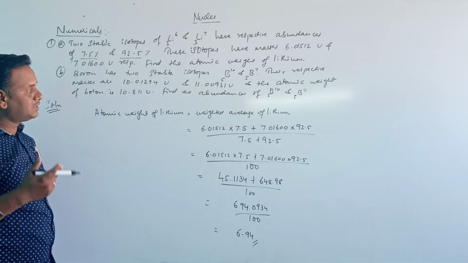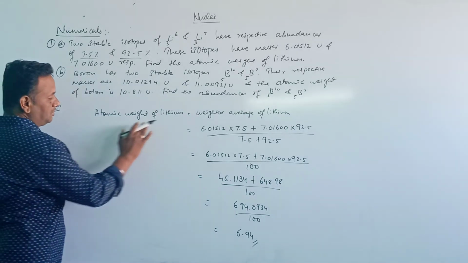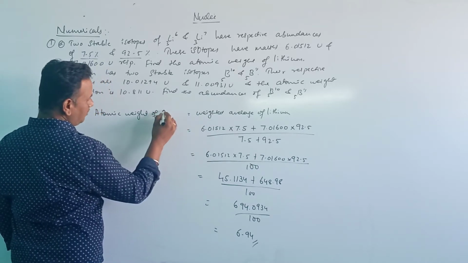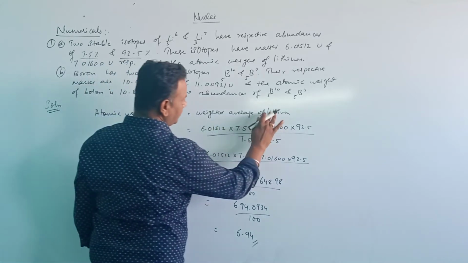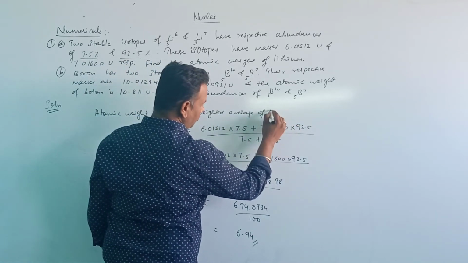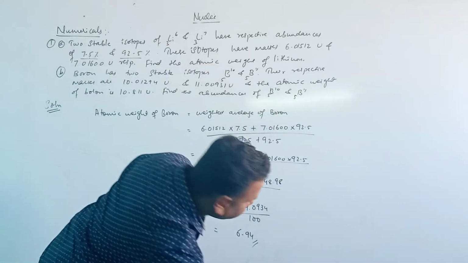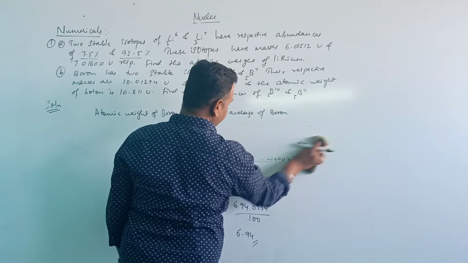Same formula: atomic weight of boron is the weighted average of boron. I will just erase the rest here.